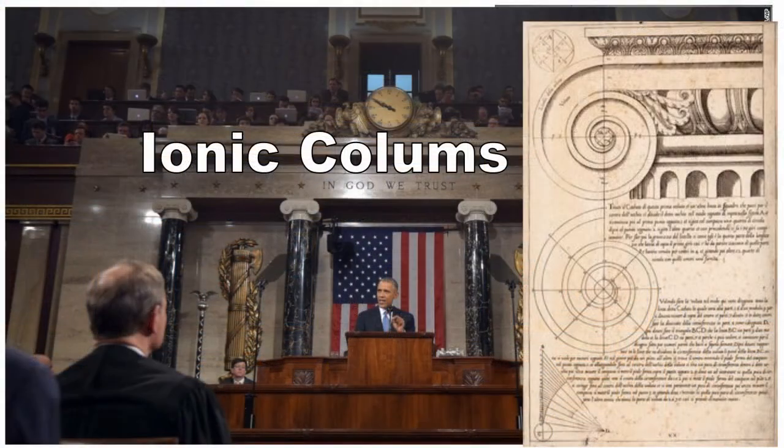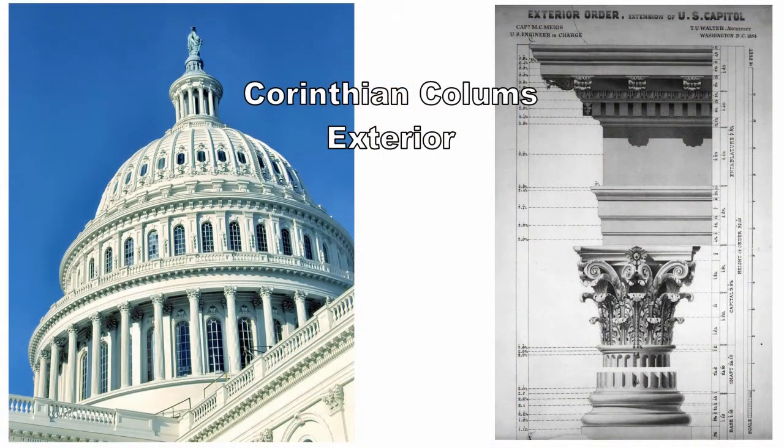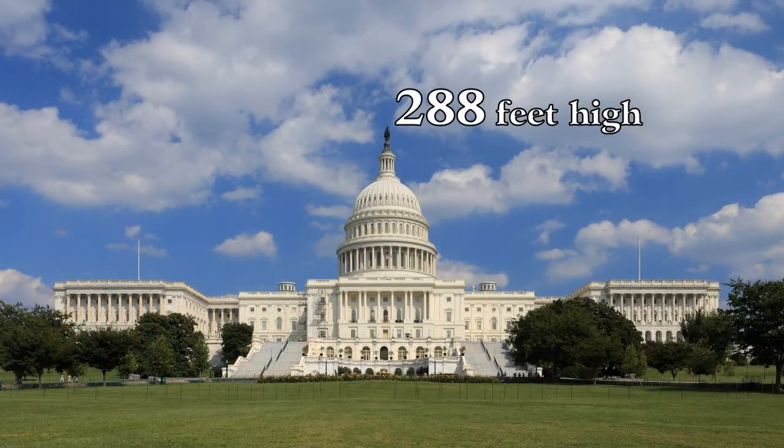In the chamber, the Ionic columns, and on the exterior, all the columns are of the Corinthian order. Each one of these has a very specific meaning and is very important, especially to Freemasonry. But this goes back to Greco-Roman times. But what do they mean?